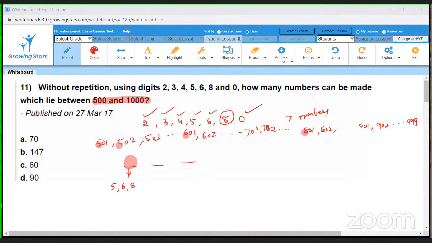So you can use any one of the 6 digits. 6 ways are there for the second place. And then the third digit. For the third digit, already 2 digits are occupied. So from 6, you have only 5 numbers. They can be arranged in 5 ways.